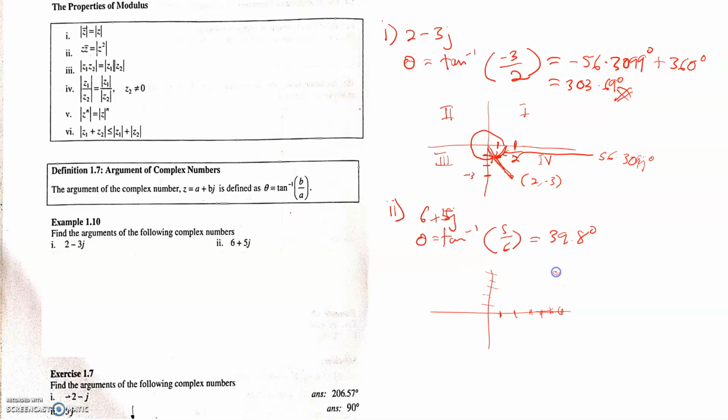So it should be around here, and the line should be here. It is actually in the first quadrant. As we said before, the argument should always start at the positive x-axis, or the first quadrant. So from the positive x-axis going up, this is where the argument should be.